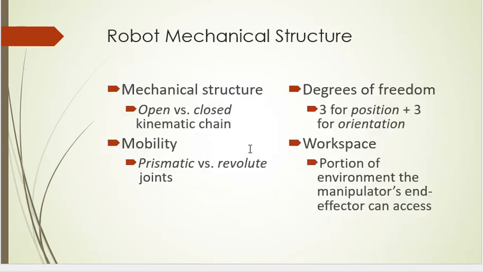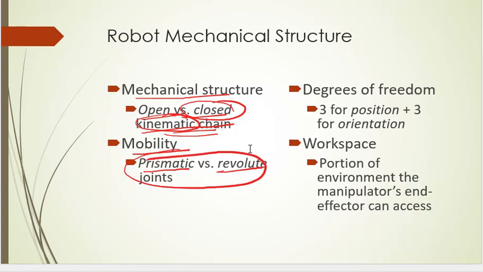There are many robot mechanical structures, like open versus closed kinematic chains. In mechanical engineering we know kinematics and mobility, prismatic and revolute joints, which is the calculation part.